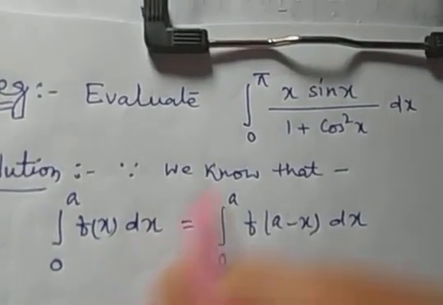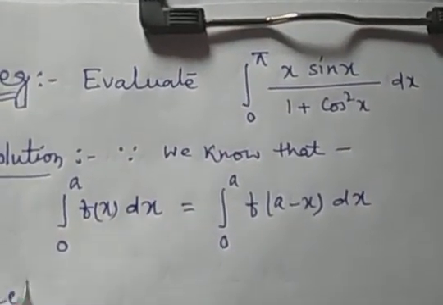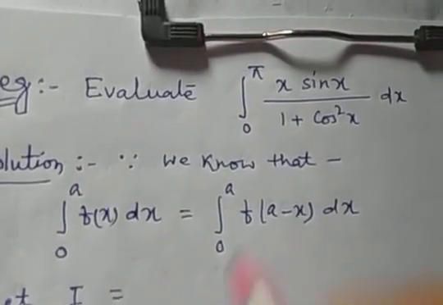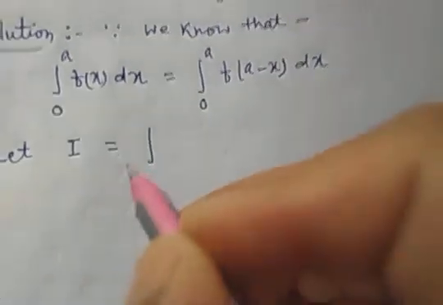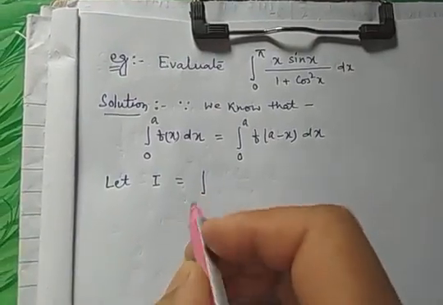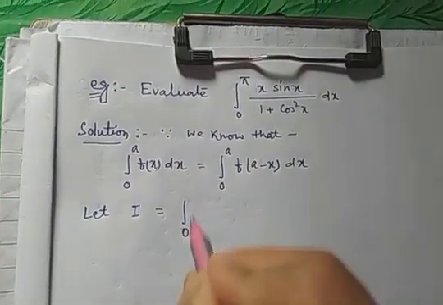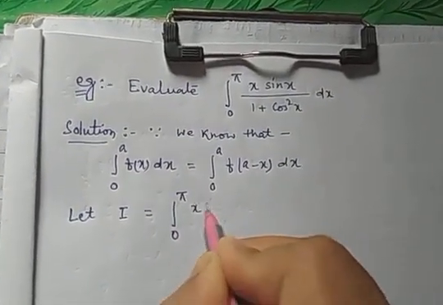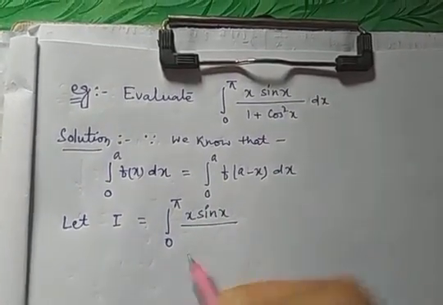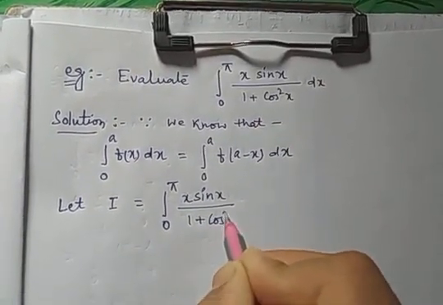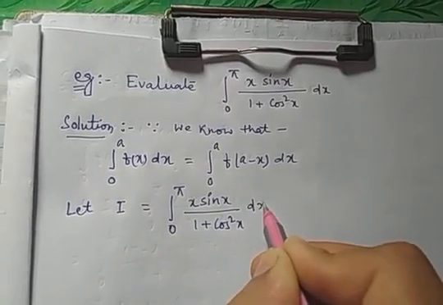Now students, let I be equal to integration from 0 to pi of x sin x upon 1 plus cos square x dx.